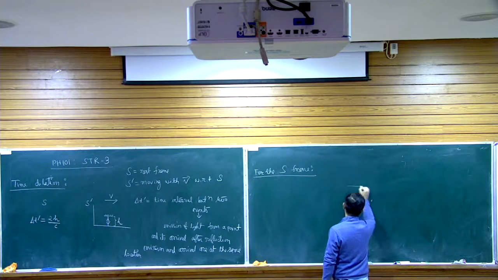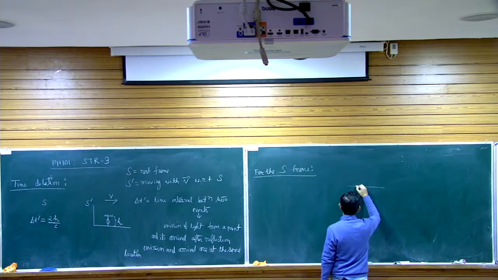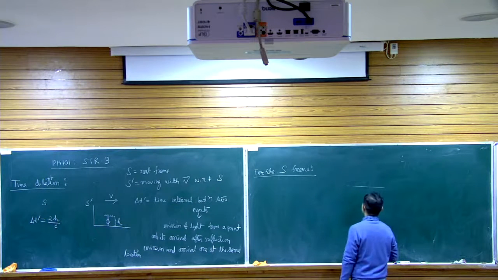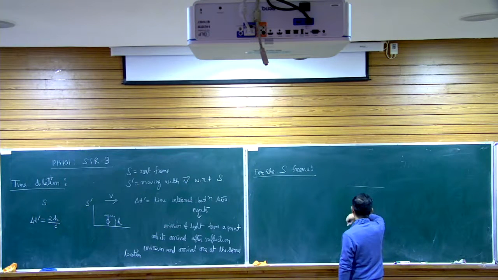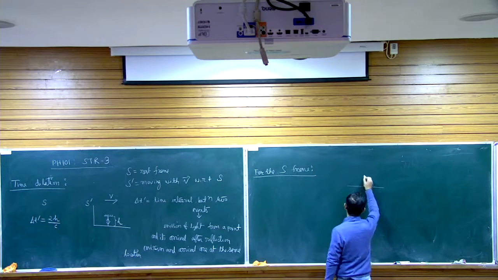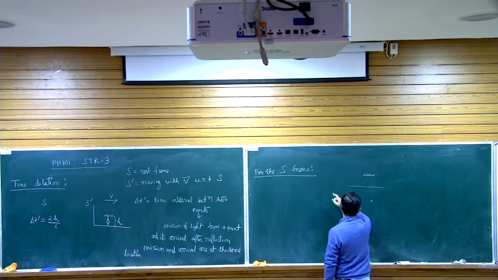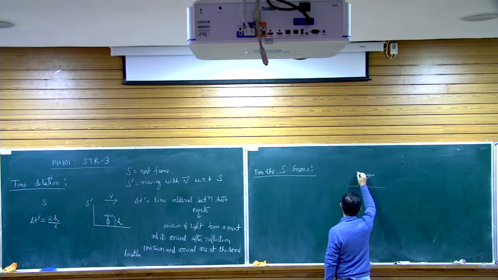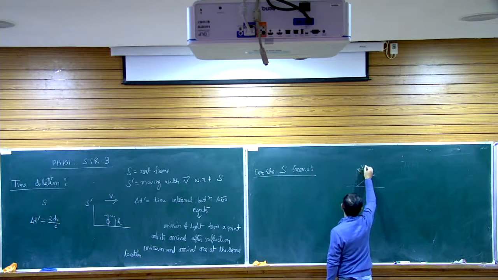So the clock starts when the laser beam is emitted, and let's say it takes time equal to T2 divided by 2. Let me consider that the time taken to reach the roof as per the observer S is T2 by 2. But by the time light reaches the roof, the train has moved a distance equal to vT2.